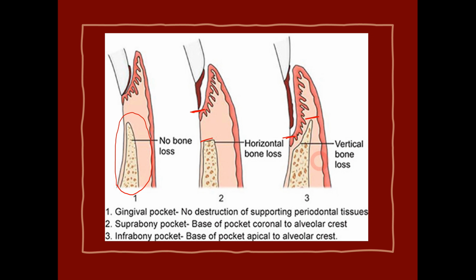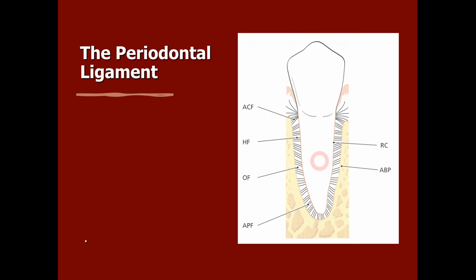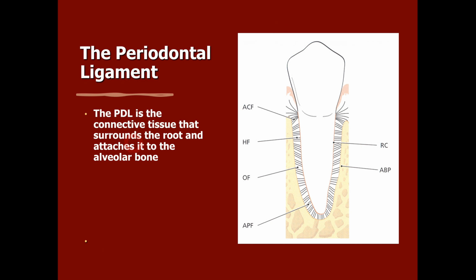Now, let's talk about periodontal ligament. Periodontology is all about the periodontium, the structure which surrounds, supports, and provides nourishment to the tooth. The periodontal ligament is the connective tissue which surrounds the root and attaches it to the alveolar bone.